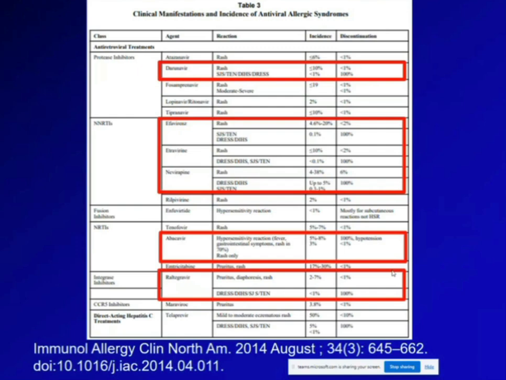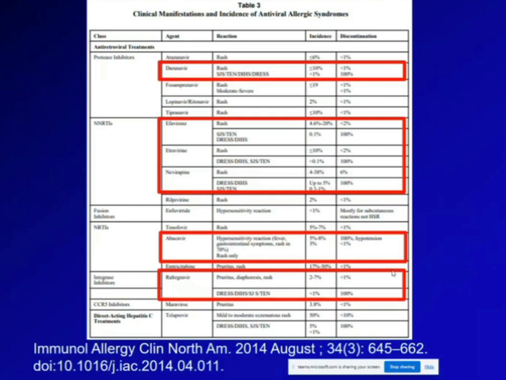This was an excellent review in immunology and allergy clinics in North America about a bunch of ARVs that we don't use anymore. So NNRTIs figure prominently there in terms of the rashes. What I put in the red boxes were the ones where you have to stop the drug due to a rash.